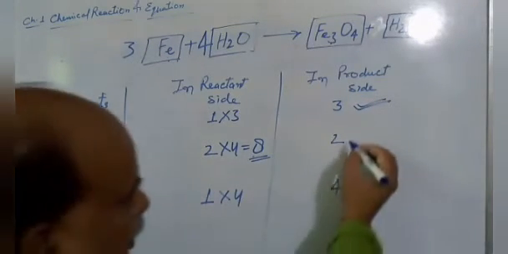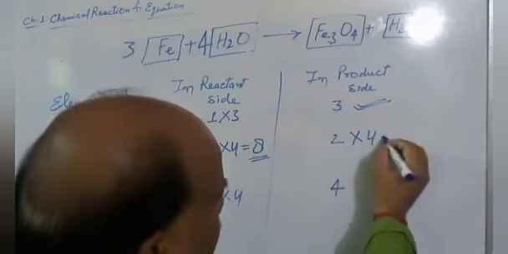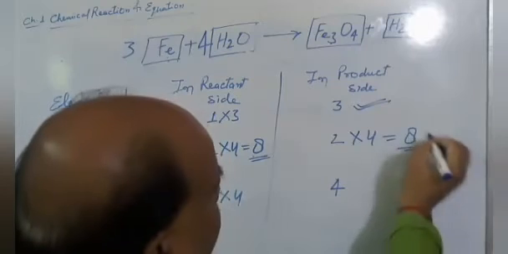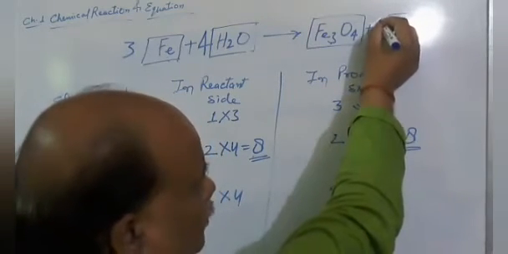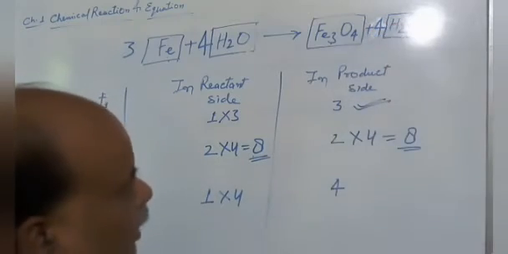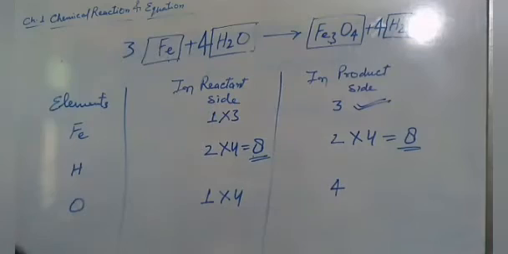Then we should multiply with 4 in product hand side. So we will put coefficient 4 before hydrogen and the equation becomes balanced.